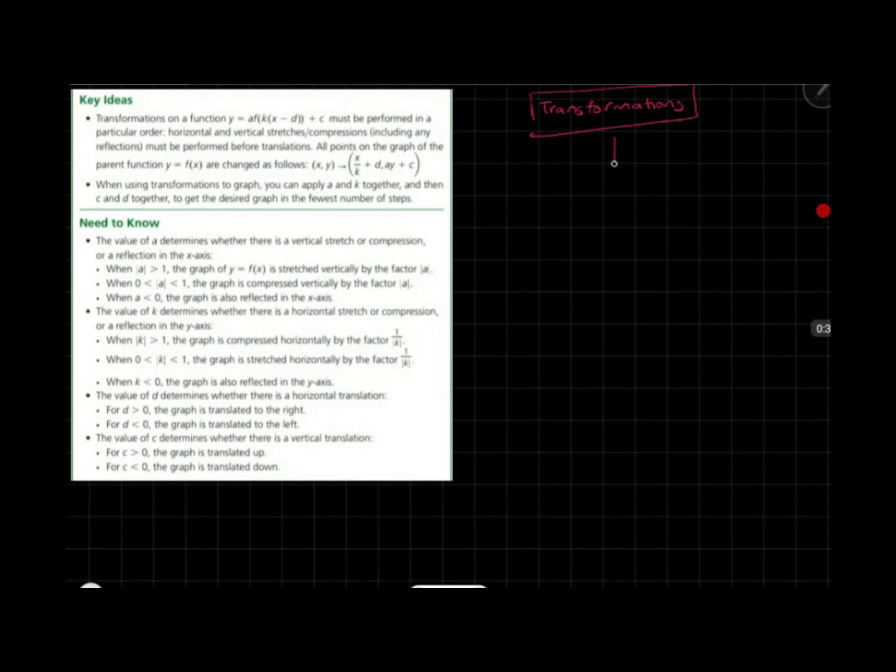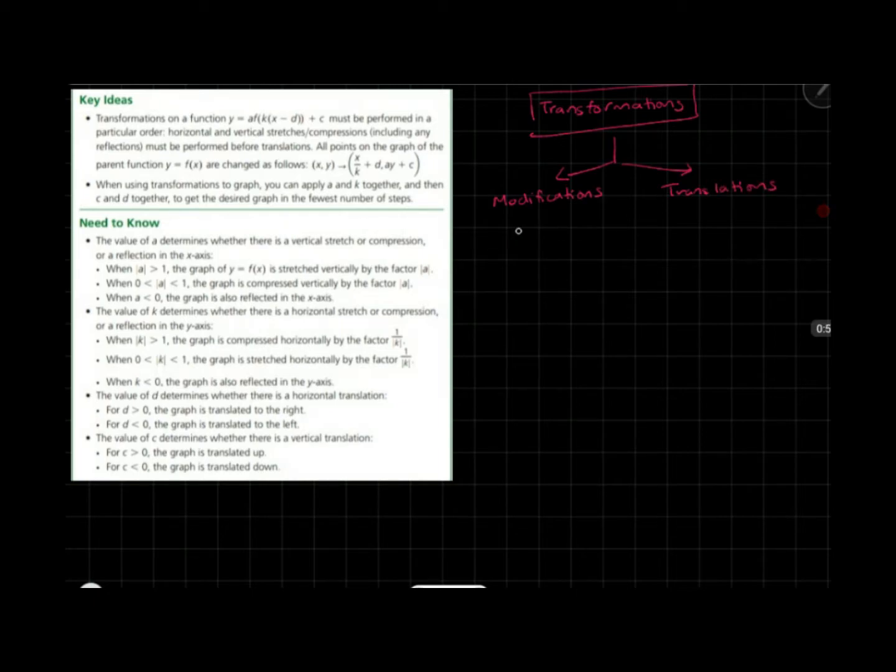Now, for transformations, I like to look at them as two types. Transformations can be grouped as modifications, and modifications will change the shape of the function. And there's also translations. Translations change the position of the function.